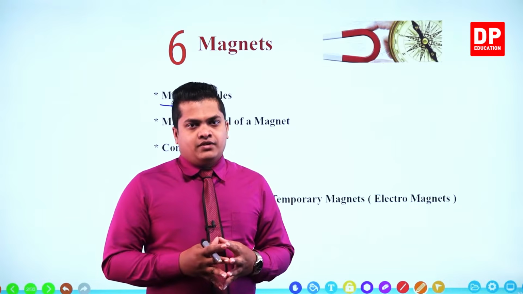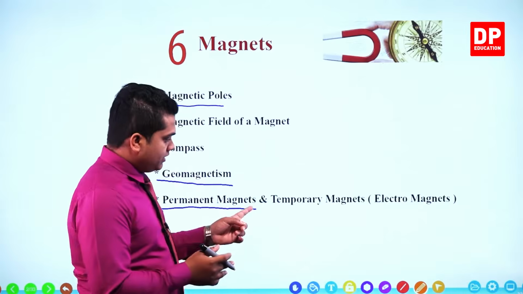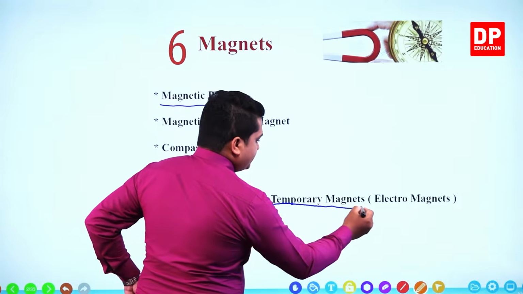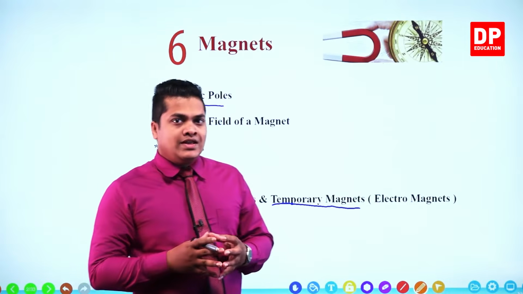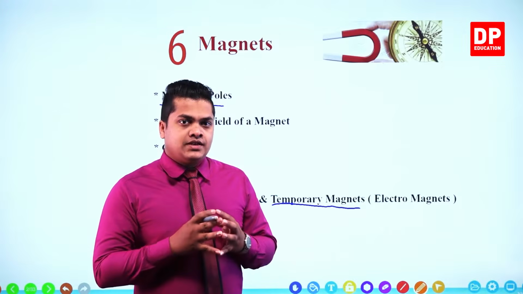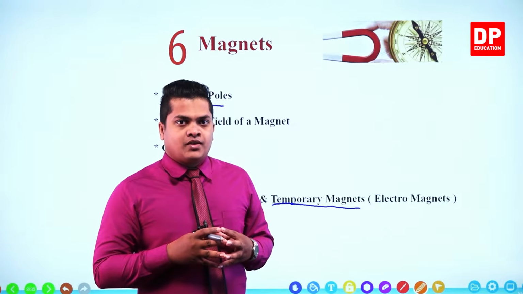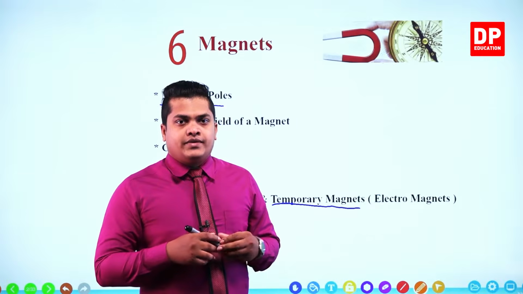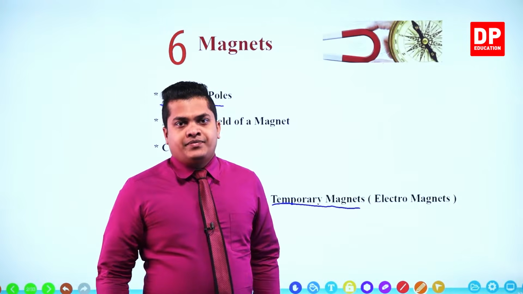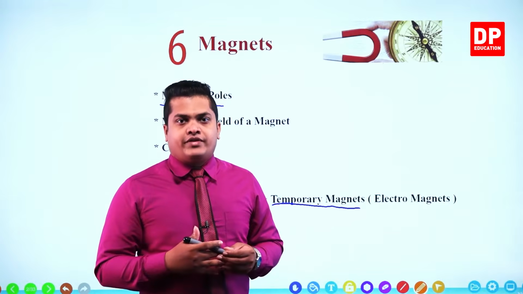Then after that, we'll be doing temporary magnets, which are also called electromagnets. In an electromagnet, when electricity is given, a magnetic field is generated.